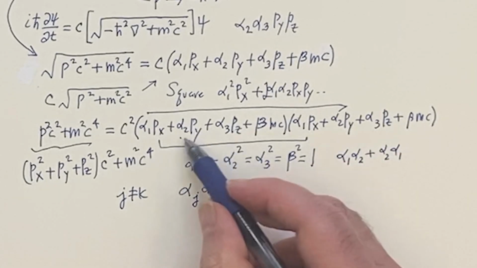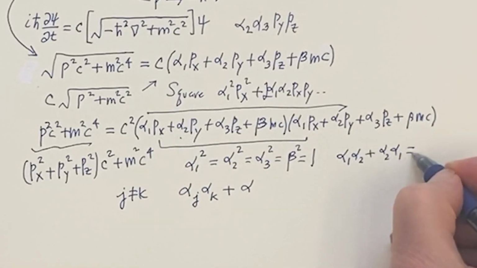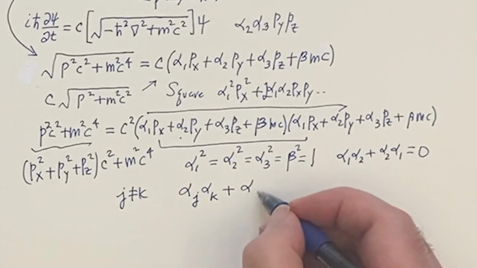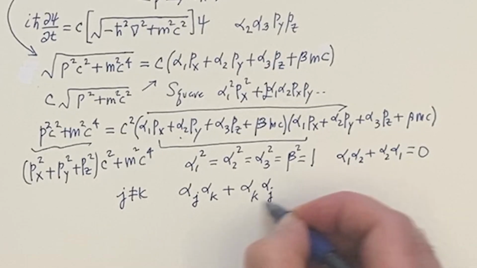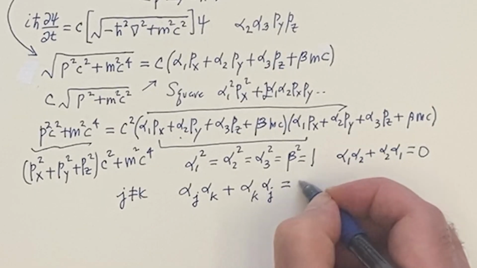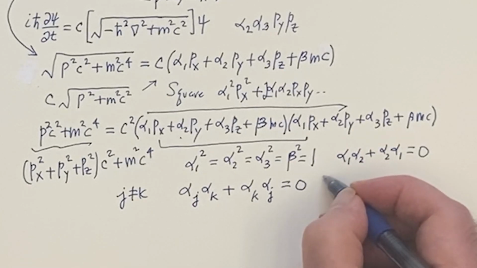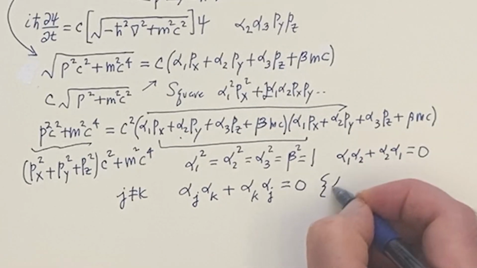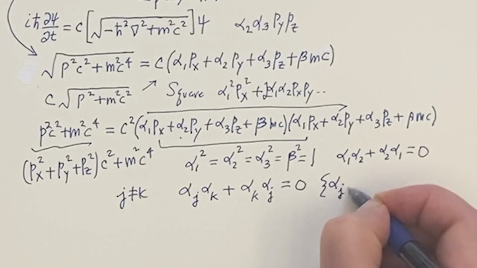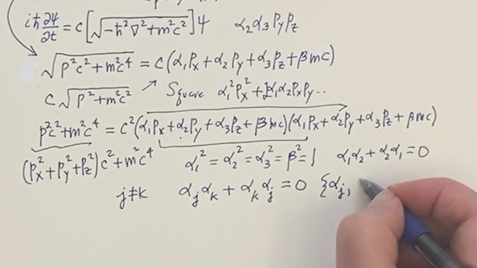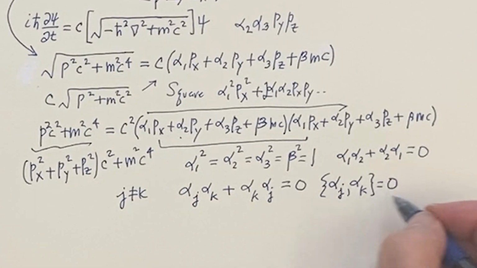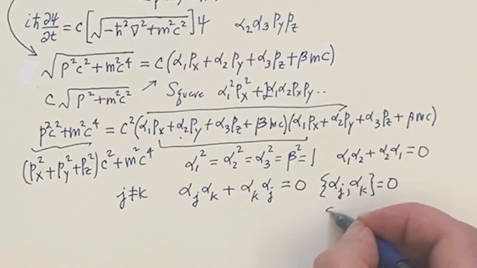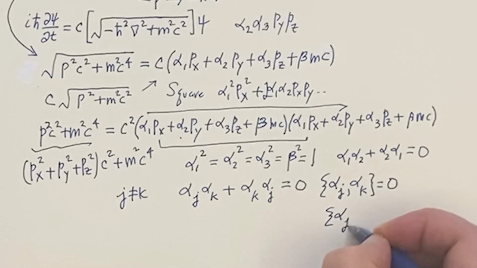And since there's no px, py term, that has to be 0. So what he's saying is if the j's and the k's are not equal, then this has to equal 0. In other words, these have to anti-commute. And the same goes with the alpha j and the beta.